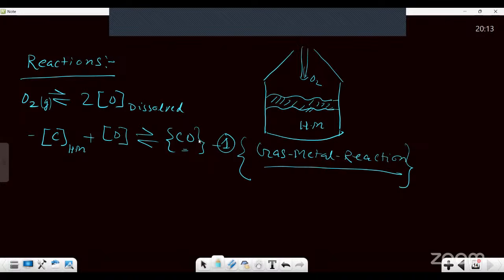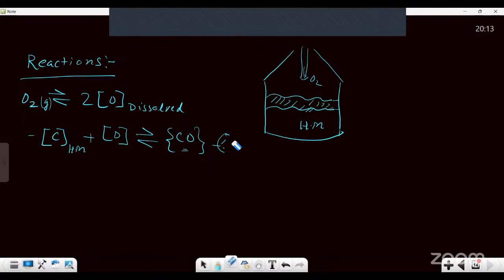Right? So rather than calling this gas metal reaction, it will be good if you call, let us see, one is this in the metallic form only. So let us not call it gas metal reaction. The same reaction can take place in this form.